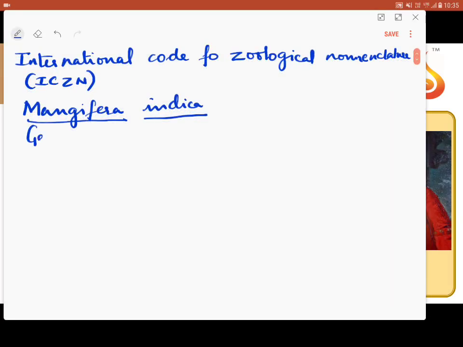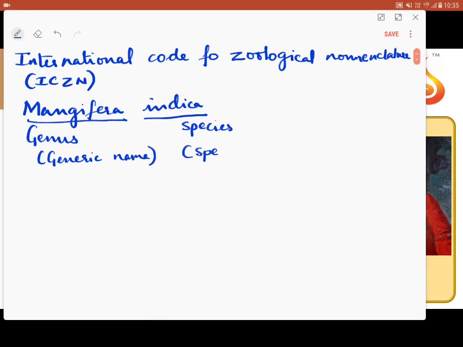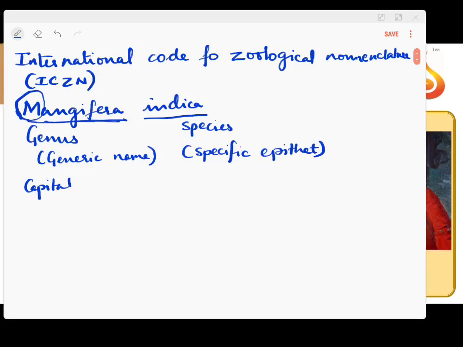The first name signifies the genus, or what we call the generic name, and the second name signifies the species or the specific epithet. In Mangifera indica, the first alphabet of the generic name is always capital. The rest, if you see, everything is in small letters.